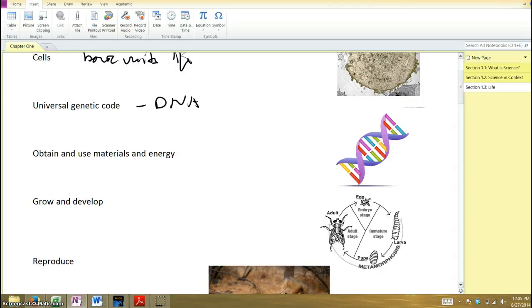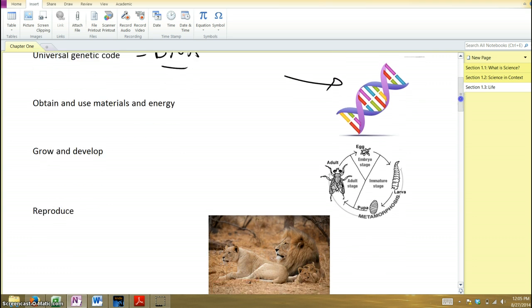It provides the code that makes us what we are, color of our hair, our eyes, and all that kind of good stuff. We're going to spend later on quite a bit of time talking about DNA, but this is again something that all living things share. There's some DNA, a cartoonish image of it.